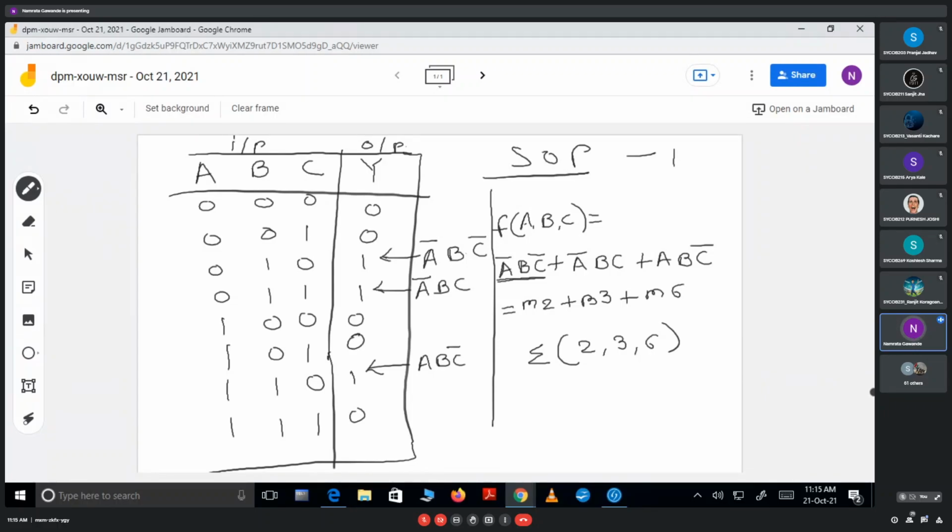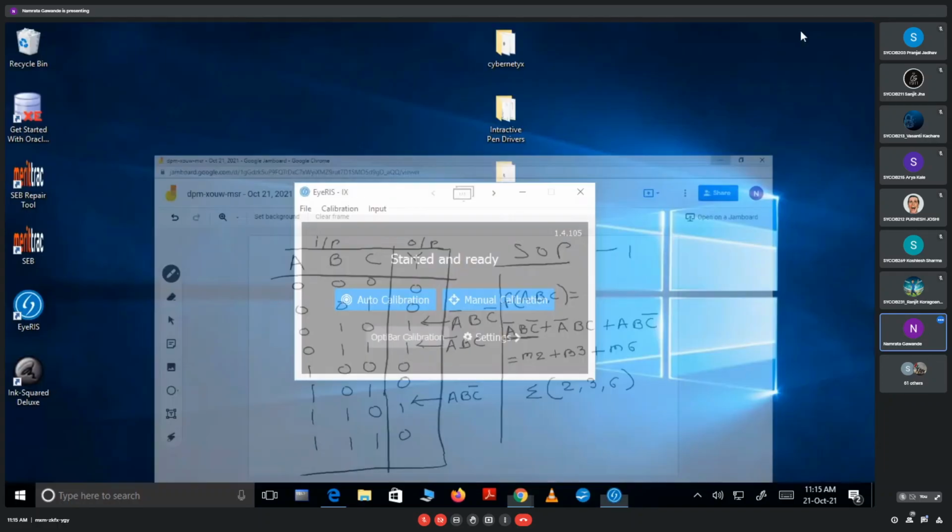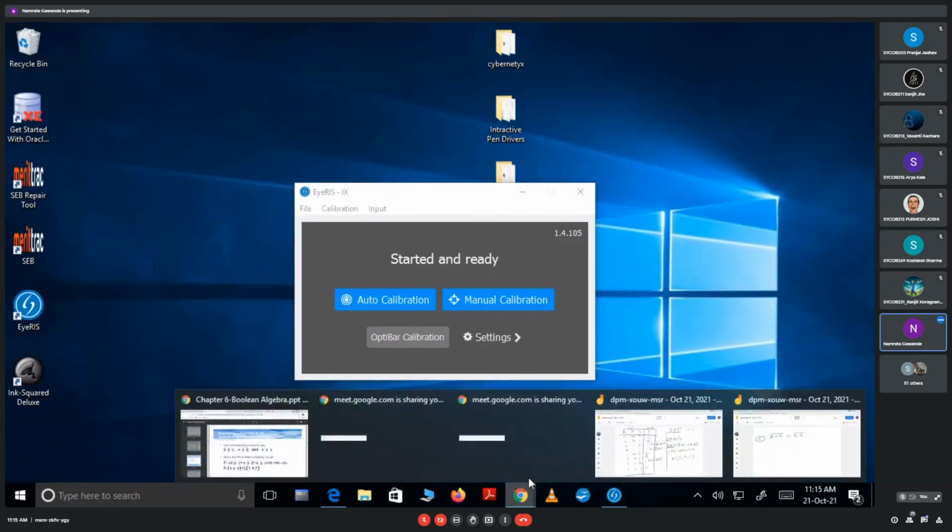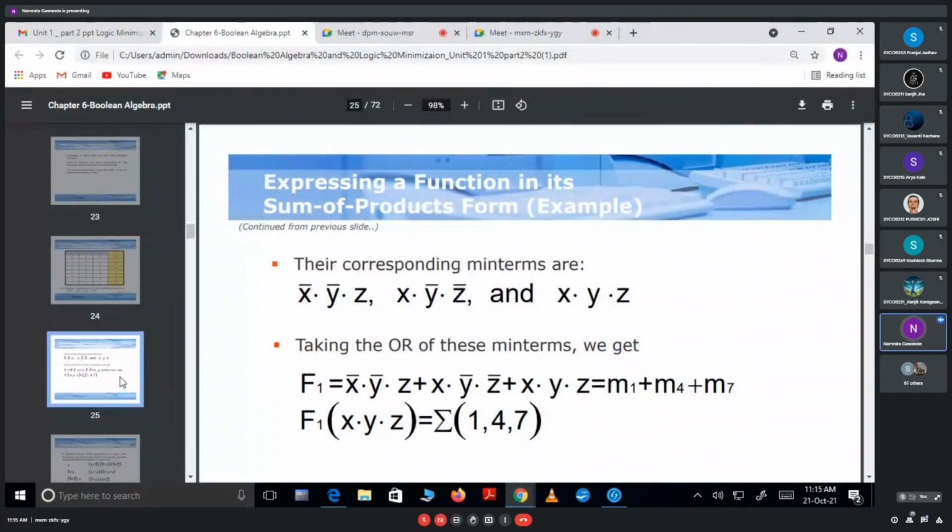This is the first part, just understanding of SOP. Have you understood now what is sum of product? Min terms are always required in sum of product. That you have to always remember. All these definitions are also there in the next part.